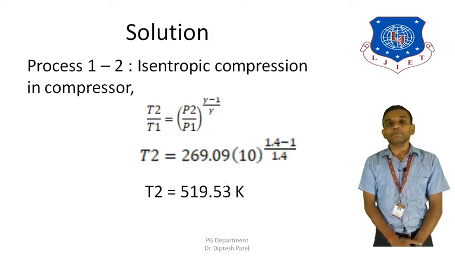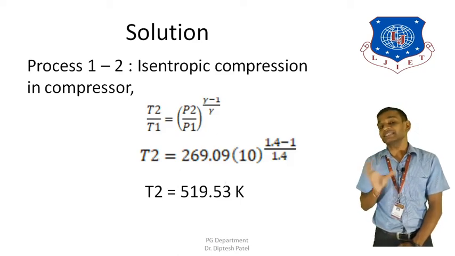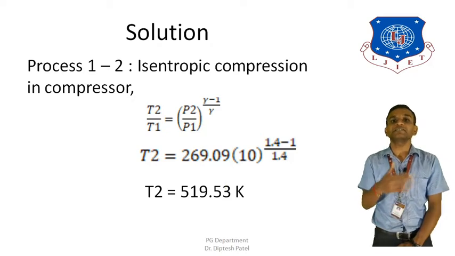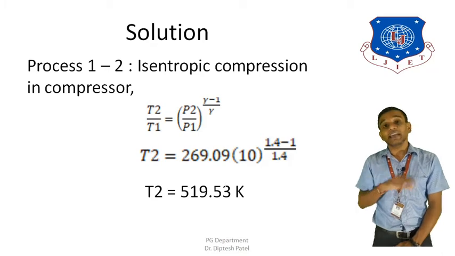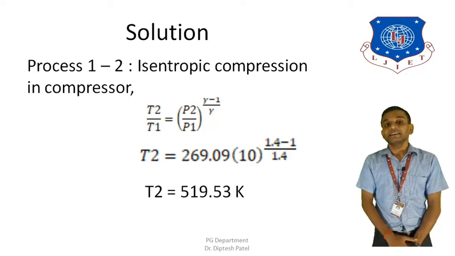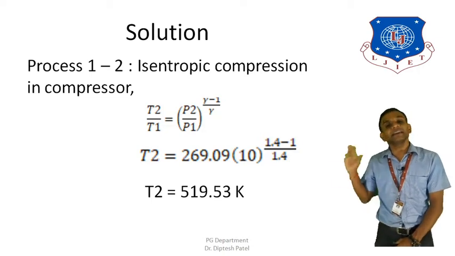So we know that the process 1 to 2 is a compression process that takes place in the compressor, and that is the isentropic process. So again I am going to use the isentropic relations, and that is T2 upon T1 is equal to P2 upon P1 raised to gamma minus 1 upon gamma, right? So that equation can be rewritten as T2 is equal to T1 into P2 upon P1 raised to gamma minus 1 upon gamma, and I am going to put the values in the equation.